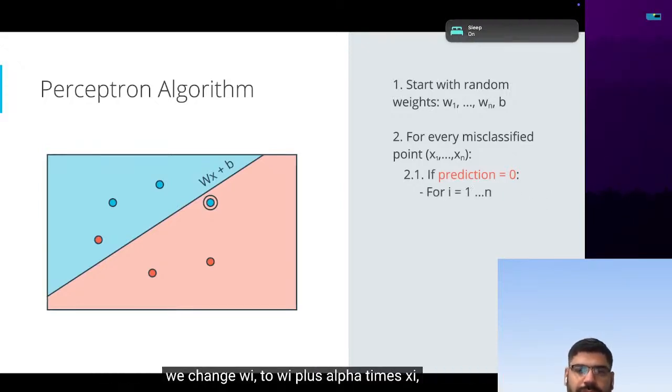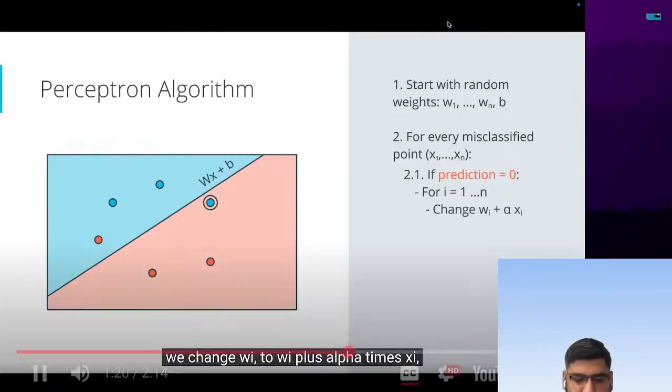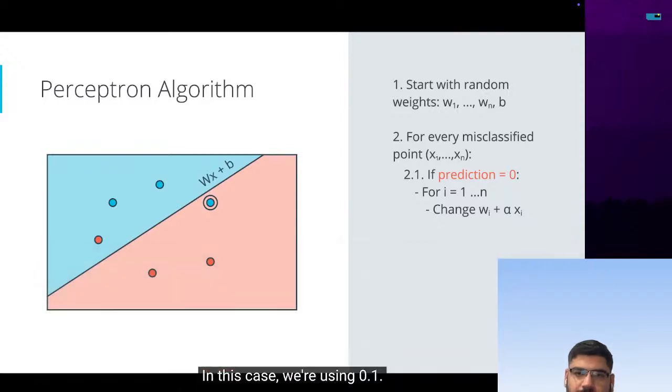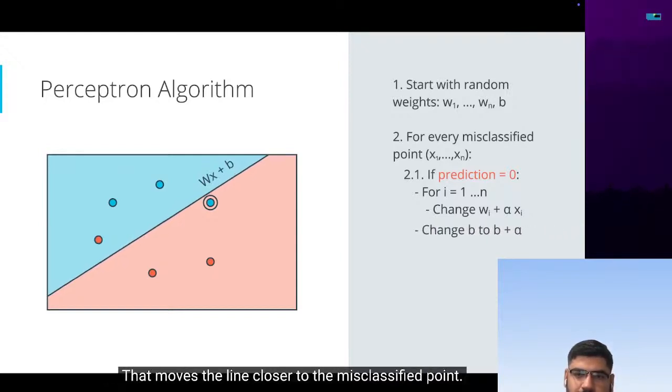For i equals 1 to n, we change wi to wi plus alpha times xi, where alpha is the learning rate. In this case, we're using 0.1. Sometimes we'll use 0.01, etc. It depends. Then we also change the bias unit to b plus alpha. That moves the line closer to the misclassified point.